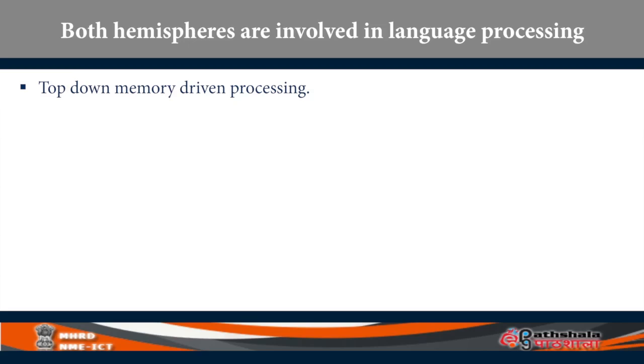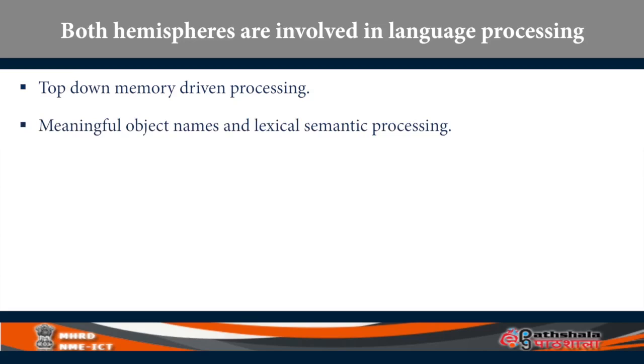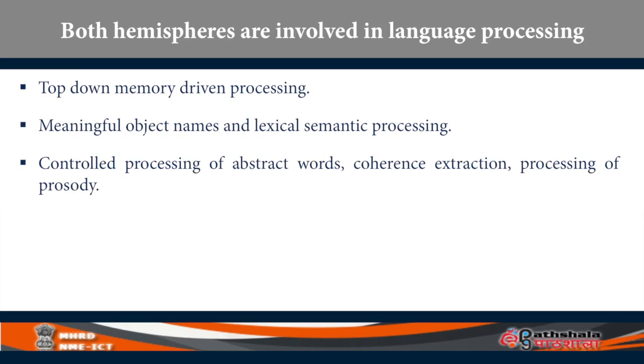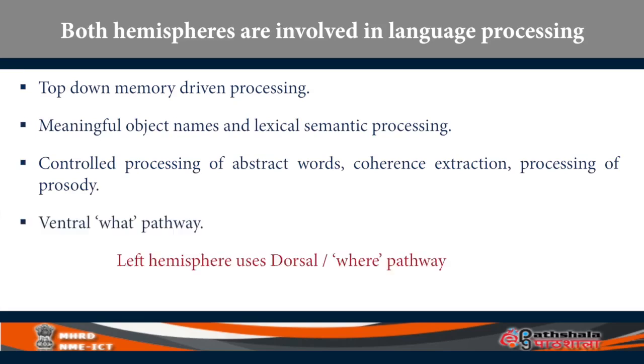Suppose there is an a next to it and there is a T. Even if you can't see the letters clearly, you will say it is cat. So you have knowledge about how to predict. So for top down memory driven information, both hemispheres are involved. Meaningful object names and lexical semantic processing, both hemispheres are involved. Control processing of abstract words, both hemispheres are involved. The ventral pathway recruits both hemispheres.